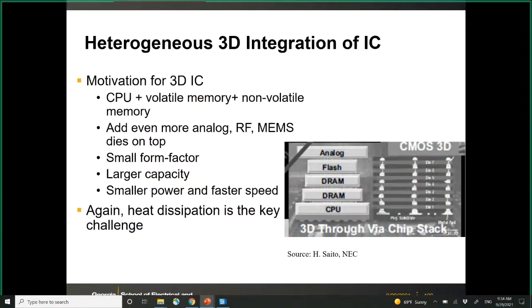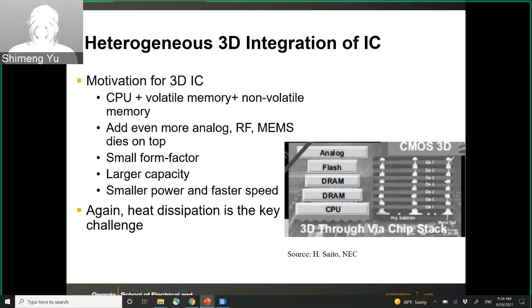Okay, so if we extend the concept of heterogeneous 3D integration to a wider spectrum, then we may envision this kind of a heterogeneous platform. Not only can memory, like DRAM, be stacked on top of the processor, you can also use the TSV and microbump technology to stack different chips on top.